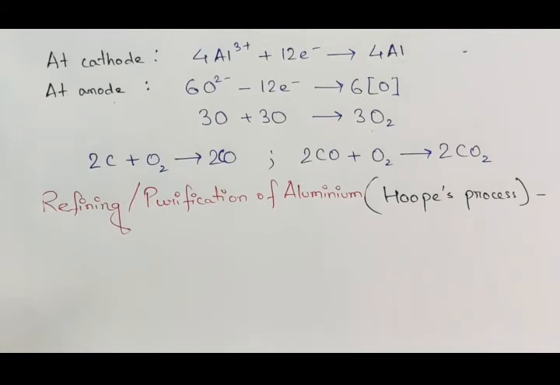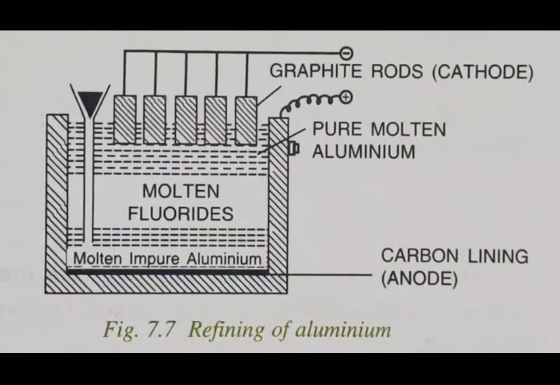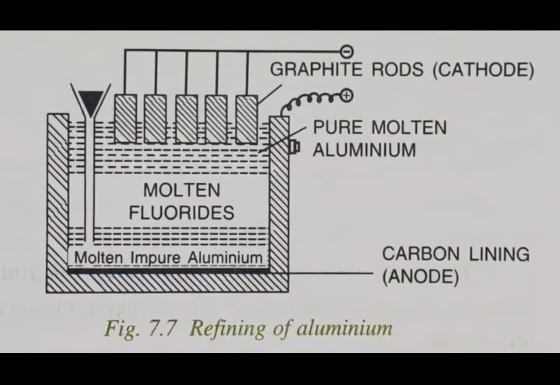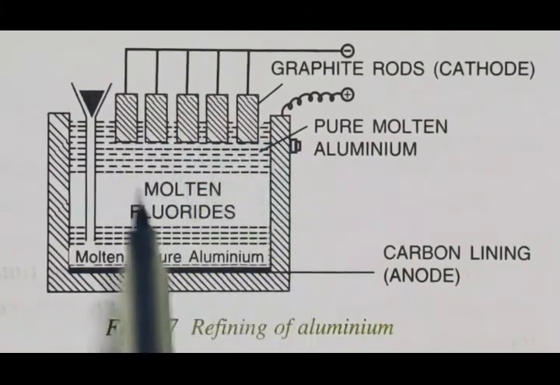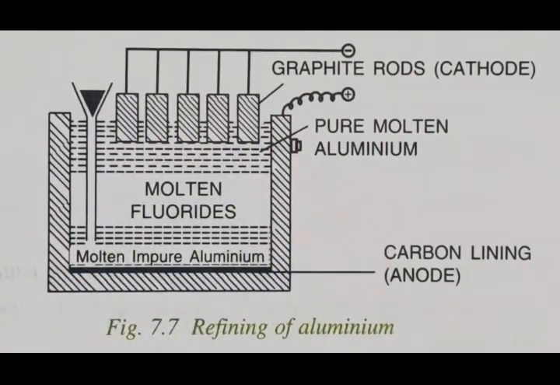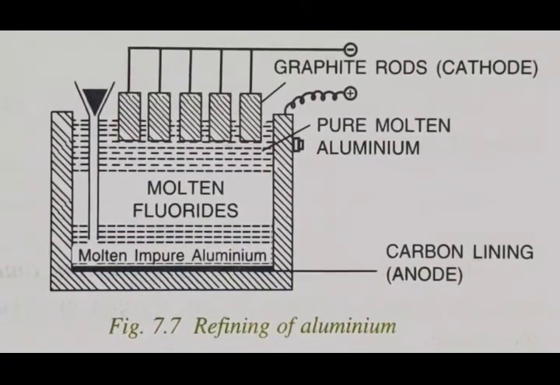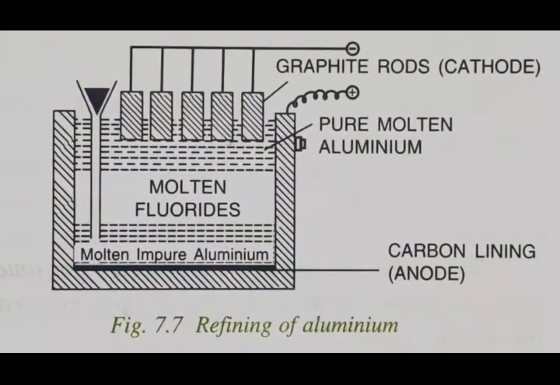Let me show you the picture, then it will be clear. So here is the setup for the Hoope's electrolytic process. You can see here the molten impure aluminium forms the anode with the carbon lining. At the top the separate cathodes are made of graphite rods, and there is the pure molten aluminium, and in the middle the layer is of the fluorides of sodium, barium and aluminium.